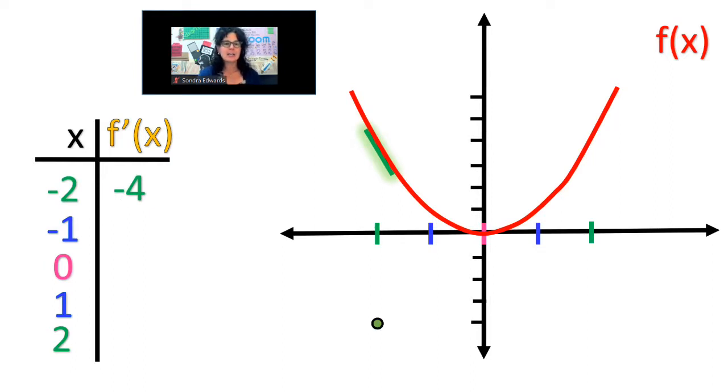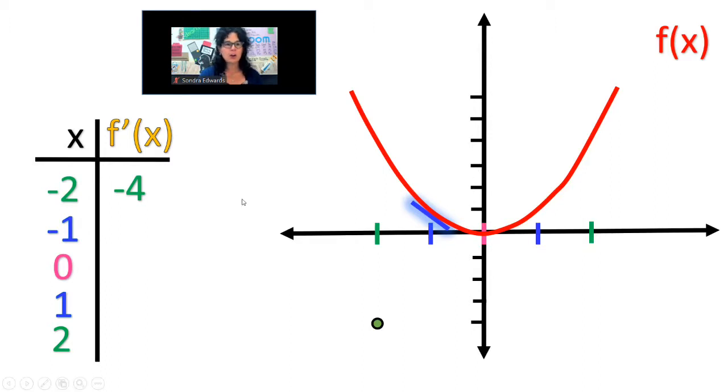Okay, next, let's find what is f prime evaluated at -1. So I'm going to go to -1. And right there, what's the slope of the tangent? Well, it's still going downhill, so we know that the slope of this blue one right there is negative. But keep in mind, back here, we called that -4. Now, relative to the number we used, you can see that this slope right there is less steep.